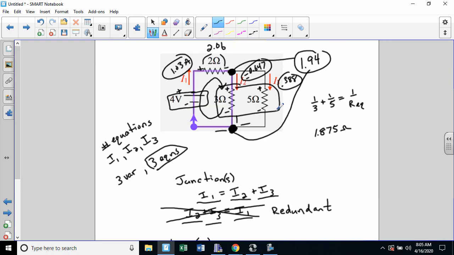Let's do the next one, and you're going to notice here there's no good direction because there's no battery here, and regardless if I go clockwise or counterclockwise, I'm going to go against one of these. I'm either going to go against I2 or against I3. I'm just going to go ahead and choose to go counterclockwise. It's kind of a random choice, but I'm going to go counterclockwise. So when I go through the 5 ohm in a counterclockwise direction, I'm going from the low side to the high side.